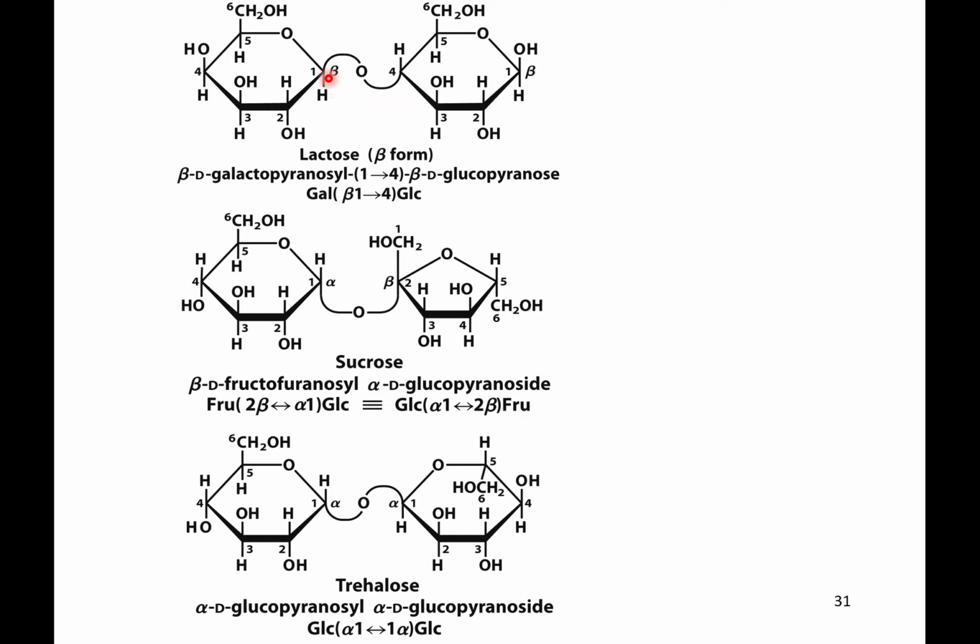Because if you really drew this how it is three-dimensionally, this sugar here would be flipped, either upside down or sideways, and it would be a little bit harder to look at. So that's why the glycosidic bonds are drawn a little bit funky. It's to keep the carbons in the same relative orientation to one another, but they don't actually show the exact structure.